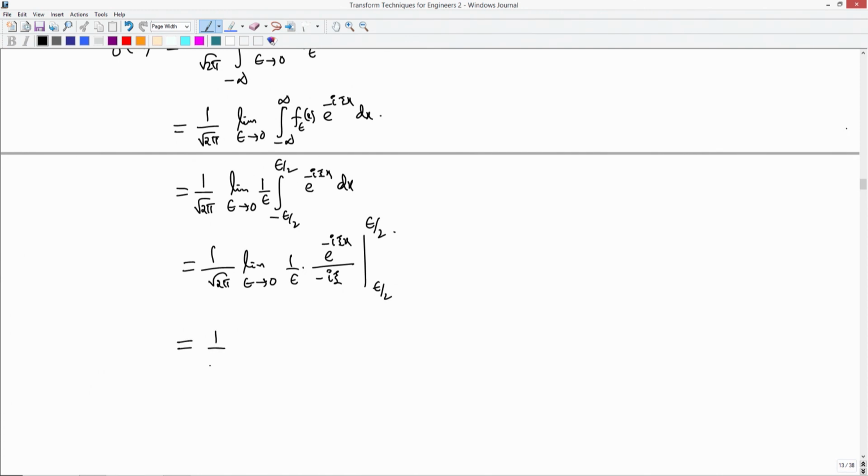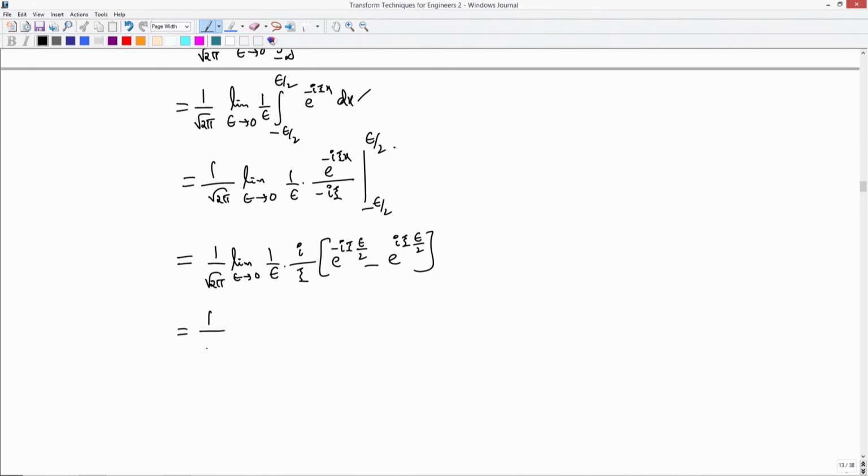So this is 1 by root 2 pi, limit epsilon goes to 0, 1 by epsilon, 1 by I xi. Now you are integrating with respect to x, so you have e power minus I xi epsilon by 2 minus e power minus I xi times minus epsilon by 2, which is going to be plus I xi epsilon by 2.